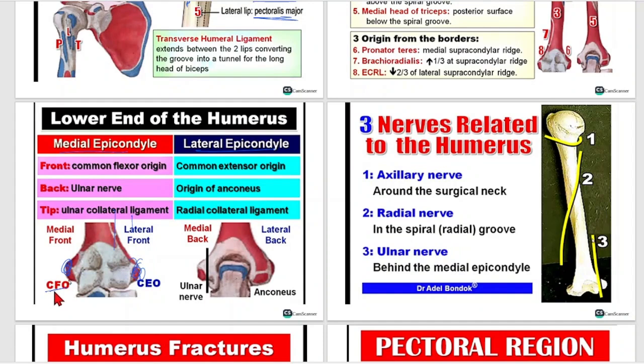The medial epicondyle has the common flexor origin. All the flexor muscles are attached to it. And the common extensor muscles are attached to the lateral epicondyle.